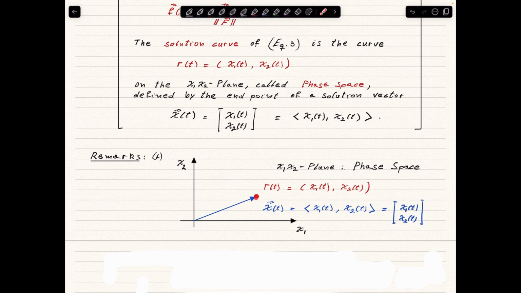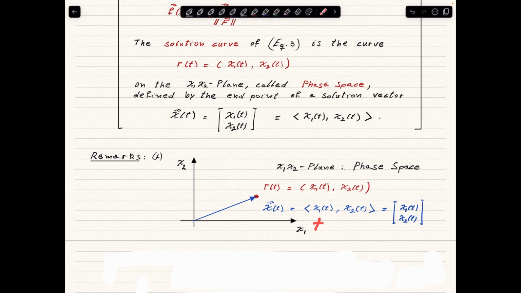The endpoint of this vector is going to be denoted with a point notation, and it has exactly the same components as the vector, of course, but we are focusing only on the endpoint, so we use parentheses instead of brackets to denote only the endpoint.